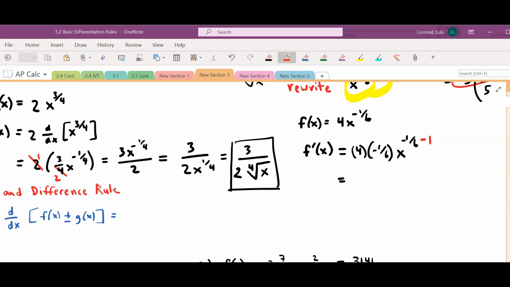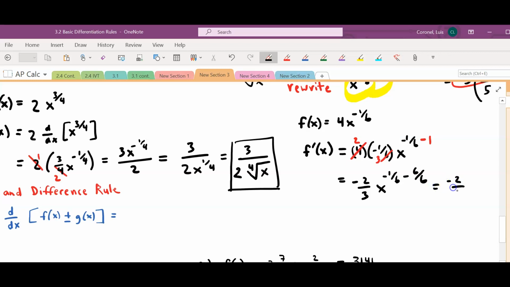Maybe that'll clean it up, or make an easier problem. So simplify by 2. This becomes a 2, this becomes a 3. So I end up having negative 2 over 3, because 2 times negative 1 is negative 2. Then, when I subtract 1 from negative 1/6, I'm really subtracting 6 over 6. Common denominator.